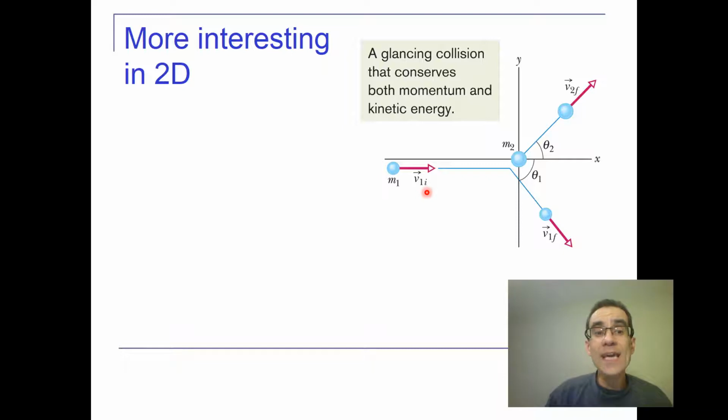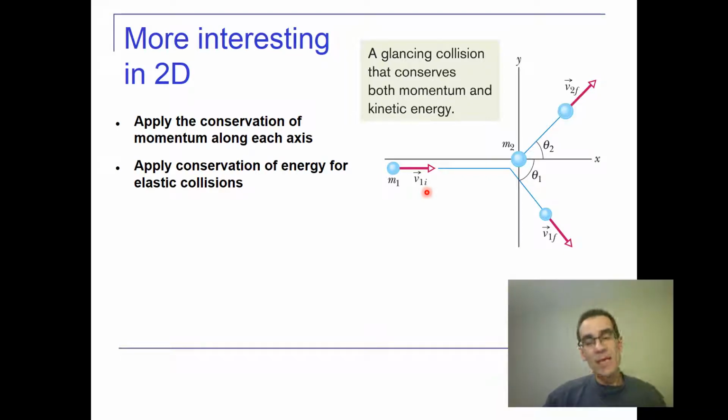Now, how do we analyze this problem? Because the problem is in two dimensions, we have to apply the conservation of linear momentum along both of the axes: along the x-axis, and along the y-axis.